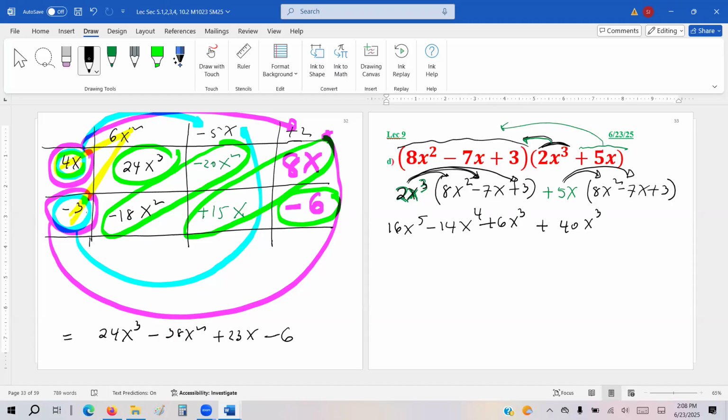Would it be negative 35x to the second? Or just seconds, because you see two of them. Negative 35x to the second. And lastly, the last one, plus 15x. And then you combine like terms.